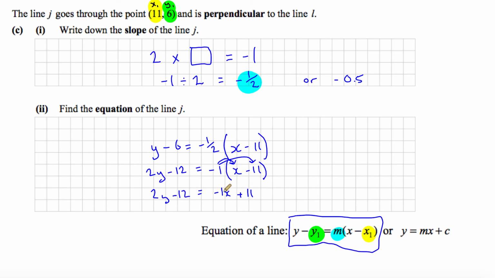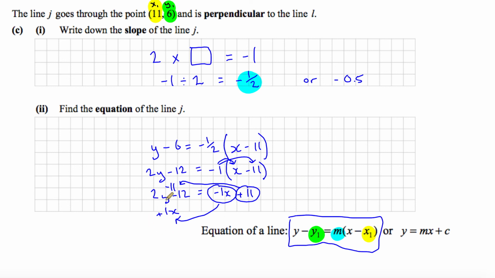And then I'm going to bring this stuff here all over to the other side. That's going to go over and become positive 1x. And plus 11 will go over and become negative 11.